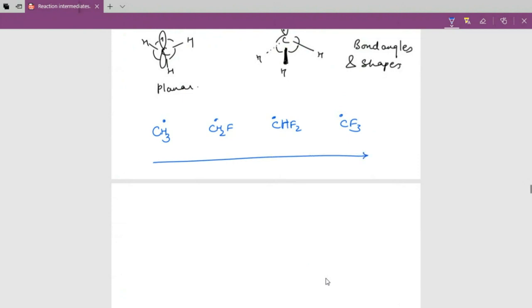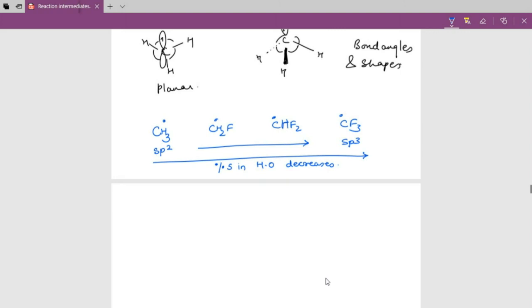From here to here, the percentage s in the hybrid orbital decreases. When we move from CH3 dot to CF3 dot, the percentage s in hybrid orbitals decreases. So this is sp2, this is sp3, and these are intermediate between sp2 and sp3.